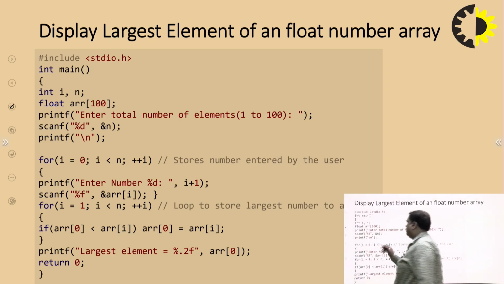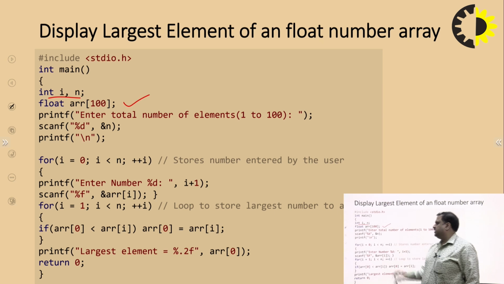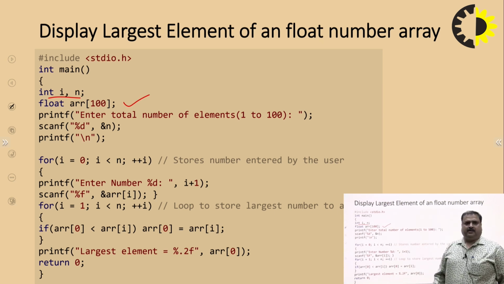Here you can clearly see we have taken some variables and we have reserved a larger amount of memory for this array, that is 100. After that we have taken the total number of elements, 1 to 100, so maximum we can take 100 elements in that array. So we are taking elements from the user.